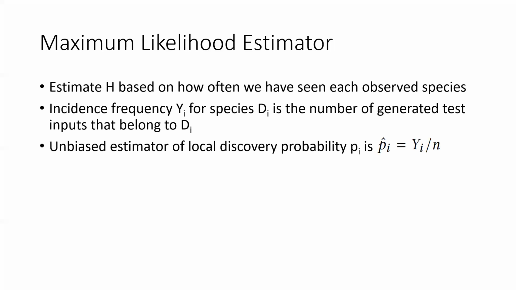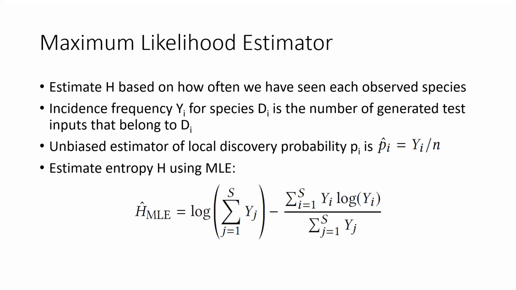Using this, they get the unbiased estimator for p_i, which is the frequency divided by the total number of generated test inputs. So now they can estimate the entropy H using the MLE, by substituting p_i with this unbiased estimator.